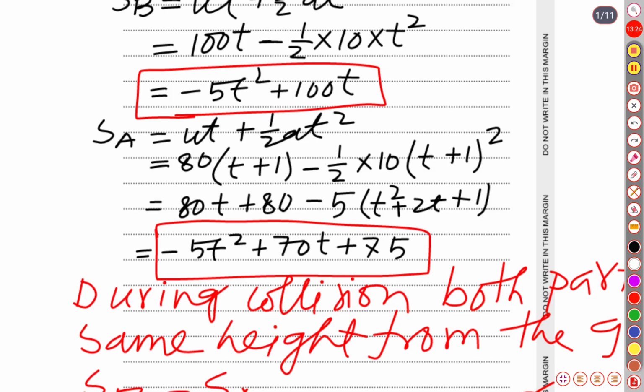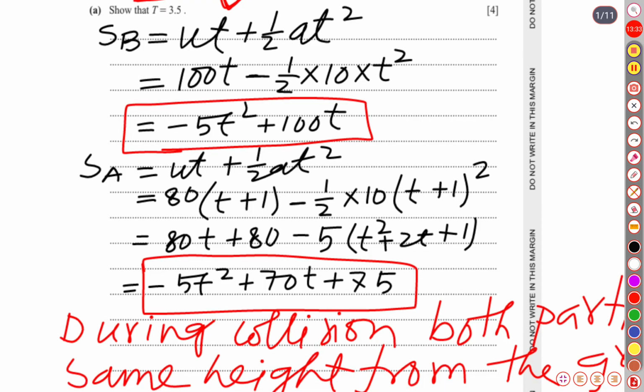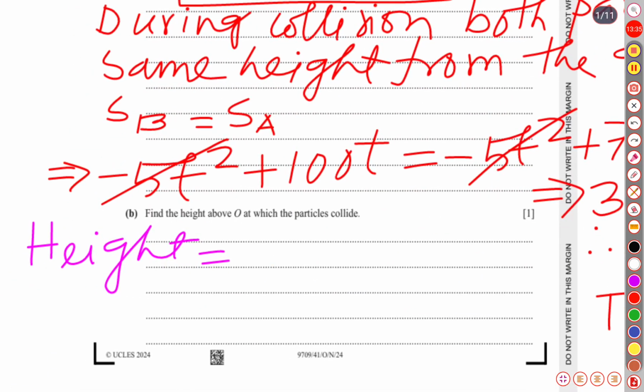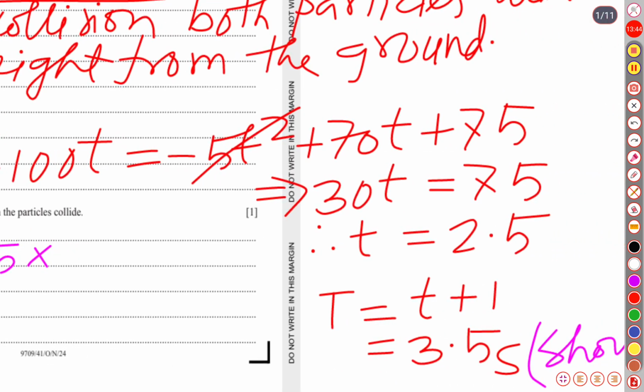I mean particle B collided at the height of minus 5t squared plus 100t. So we will write minus 5t squared, and we know the value of t has already been obtained. Look at this. Particle B took 2.5 seconds.